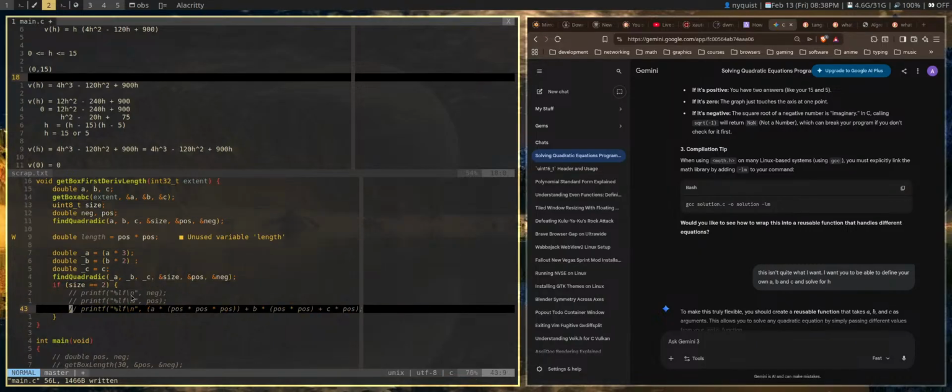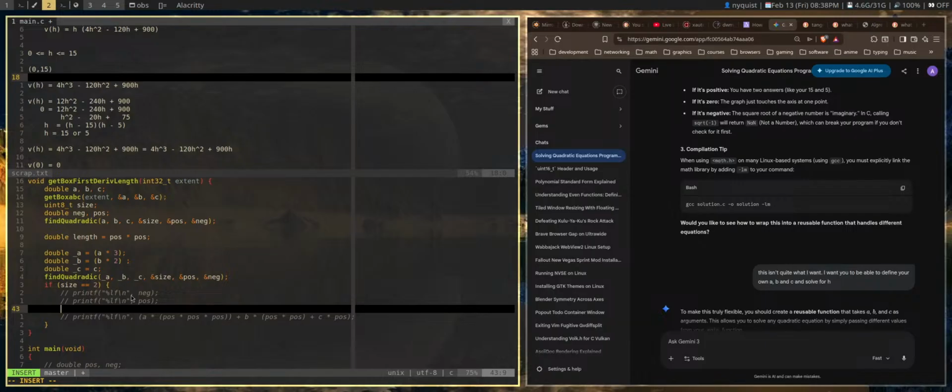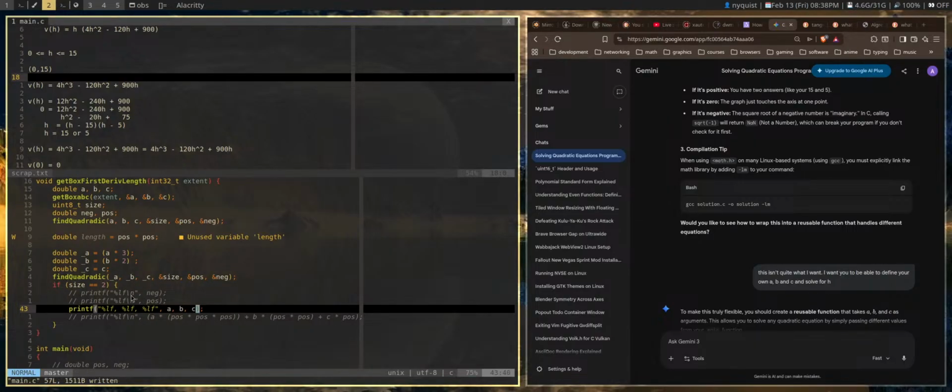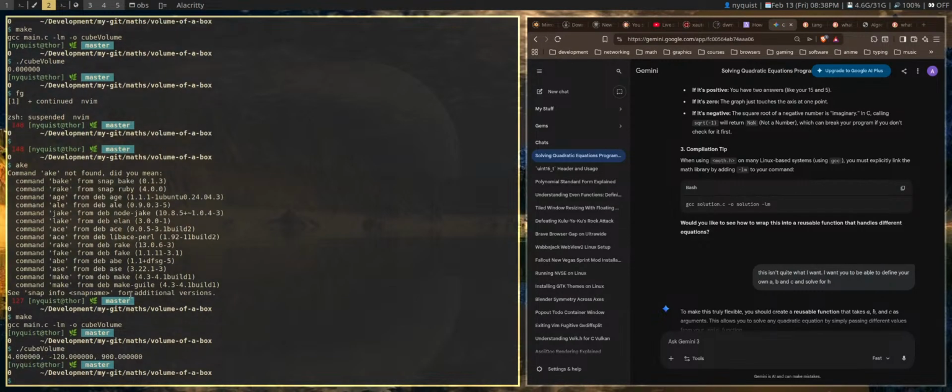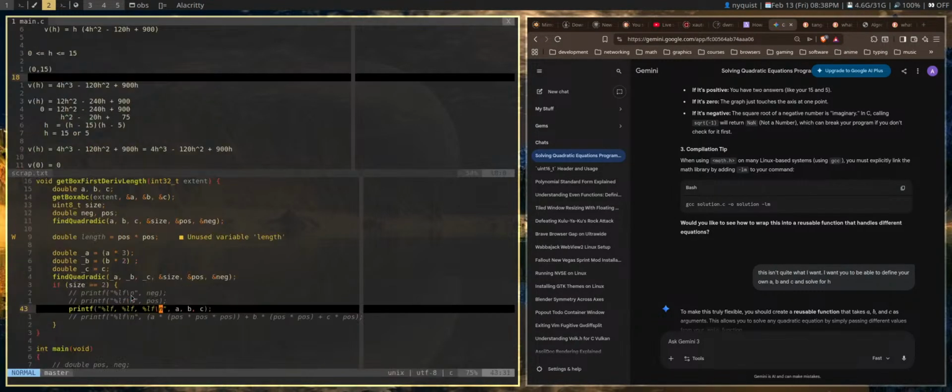Let's see if we got the right values for A, B, and C. I don't remember. B, C. For negative 120 and 900. Oh, yeah, I got the right values.